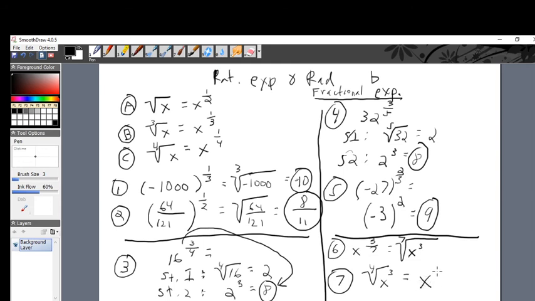A fractional exponent has a numerator and denominator. What number goes in the denominator, and what number goes in the numerator? So the 4 is the root that's always going to go in the denominator. The root will always go in the denominator. And the power right next to the x will go into the numerator. And there we've converted this radical into a fractional exponent.